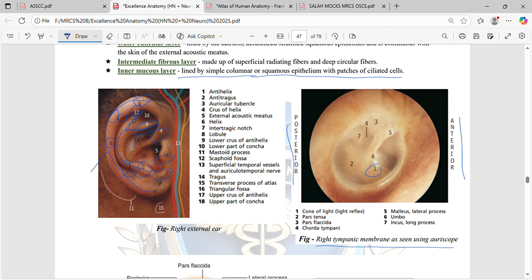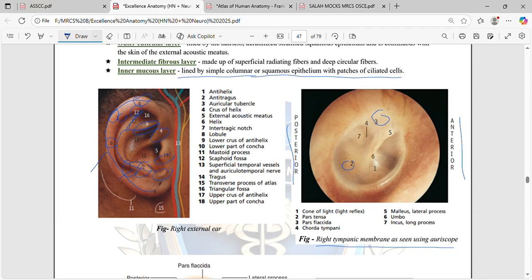If you look through the otoscope at the tympanic membrane, you will see a shine of light, which is called the cone of light or the light reflex. Then you have the pars tensa number 2, the pars flaccida at number 3, and then number 4, the chorda tympani.